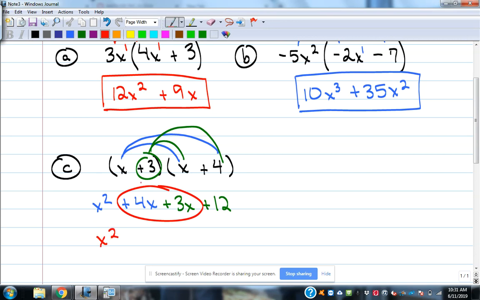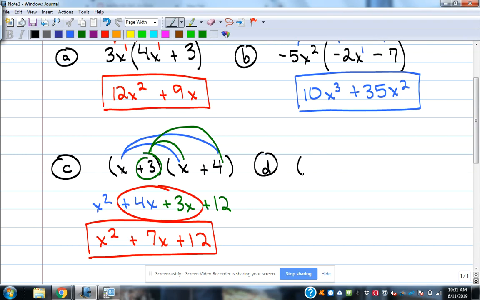That'd be x squared plus 4x plus 3x, which is plus 7x plus 12. So distributive property, then look for like terms. Didn't really have to do that in examples A and B because they were such small problems, you're not going to have like terms there. When you get to larger problems, you're going to have more like terms involved.